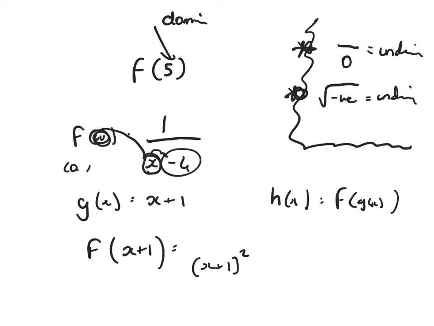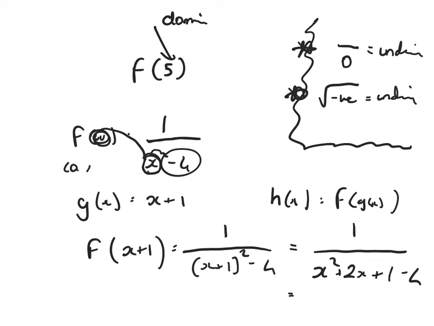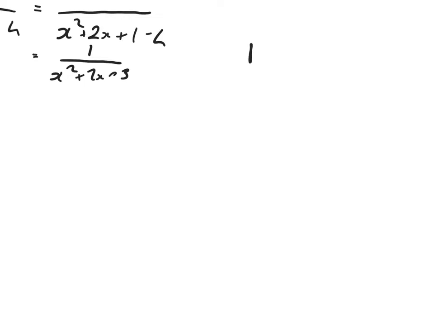You then take away 4 on the denominator, and then there's a 1 on the numerator. Okay, so that's 1 over x squared plus 2x plus 1 minus 4, which can simplify to 1 over x squared plus 2x minus 3. Okay, so that is the h function now. H of x is equal to 1 over x squared plus 2x minus 3.